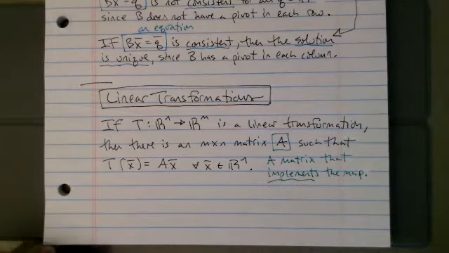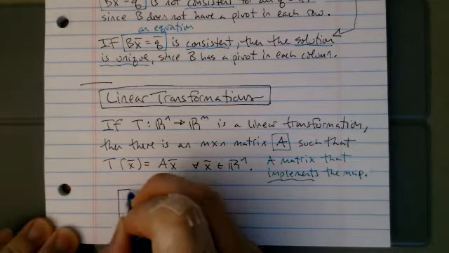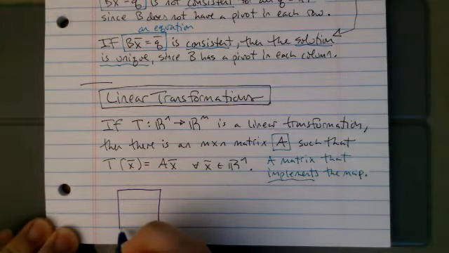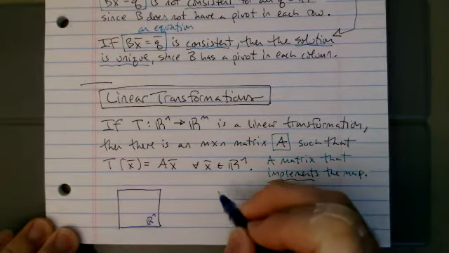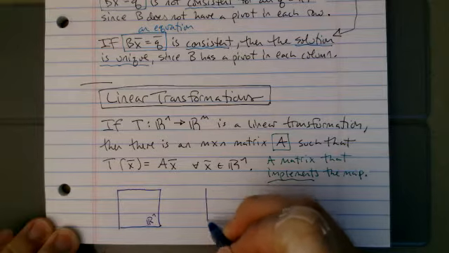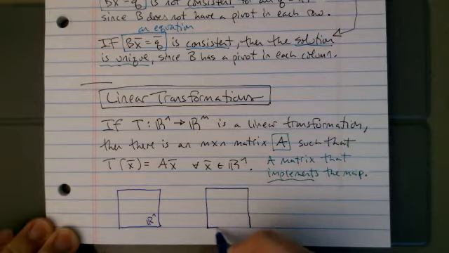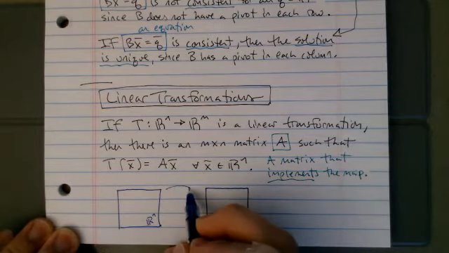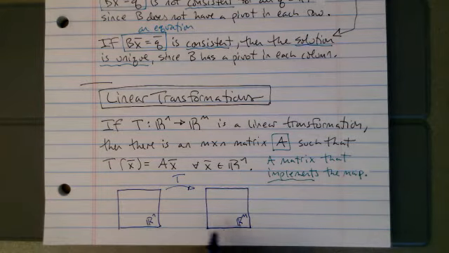So in this case, Rn is the domain. That's where things are starting out. Here's the domain, Rn. The codomain is Rm. T is the map that goes from one space to the other, from the domain to the codomain.